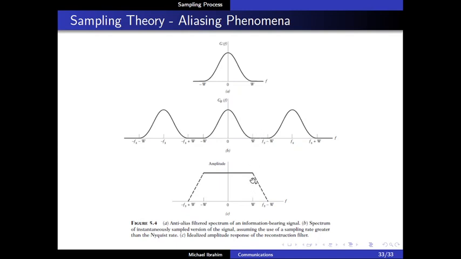Here the response of the filter is dashed between W and Fs minus W, indicating that it could take any shape. I only want this part to be flat, and this dashed line to decay to a very low value, or ideally zero, at Fs minus W or Fs plus W, but I don't care much how this transition happens, whether this way, or a straight line, or that way.